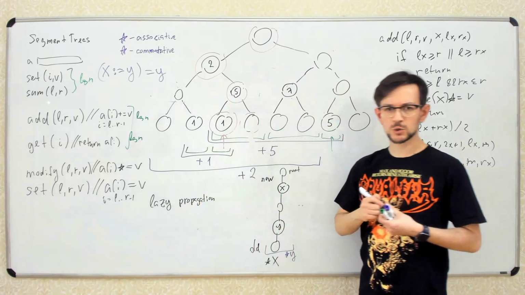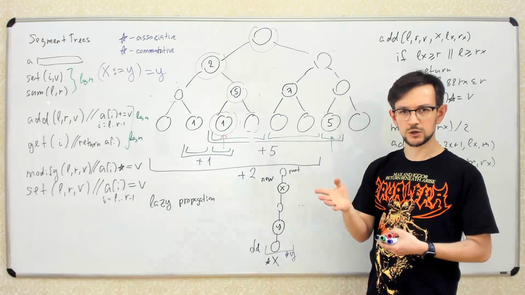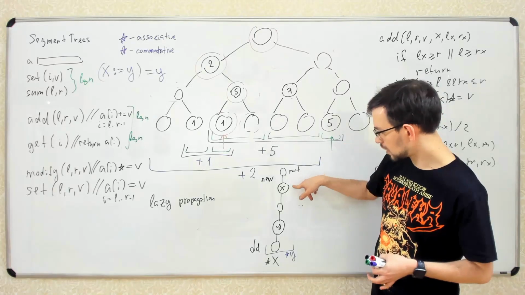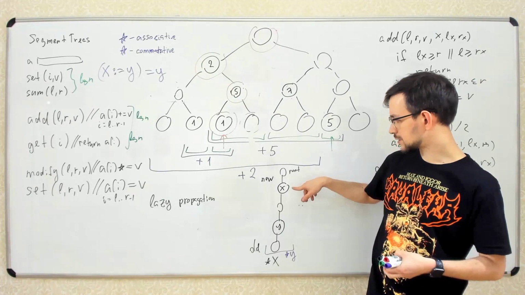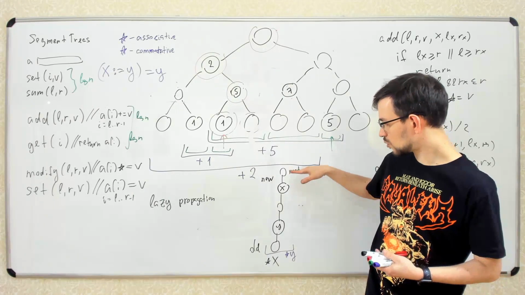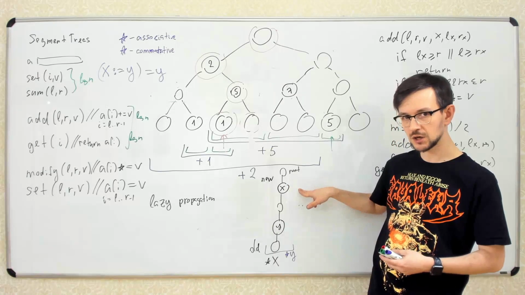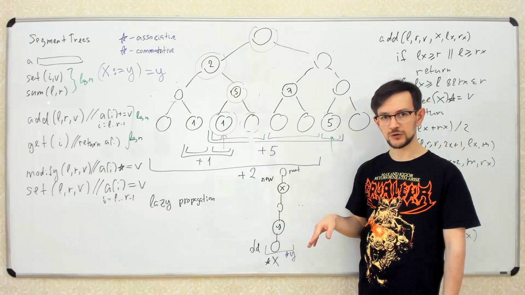It is lazy because we move operations down the tree only when we need to. Only when you need to add some operation below the current operation do you move this operation down in the tree.